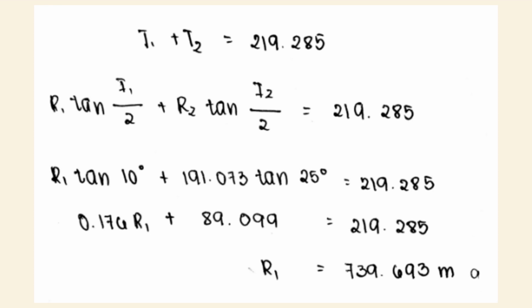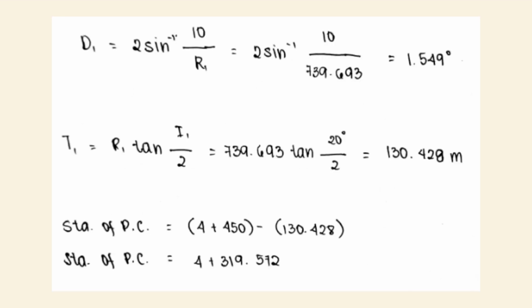Substituting known values, we have R sub 1 tangent 10 degrees plus 191.073 tangent 25 degrees equals 219.285. Solving the equation, the value of our R sub 1 is equal to 739.693 meters.